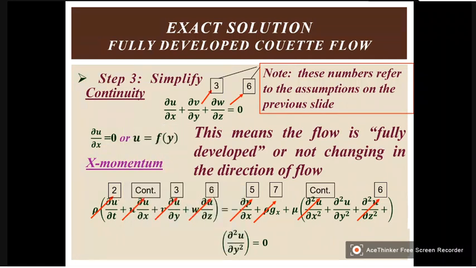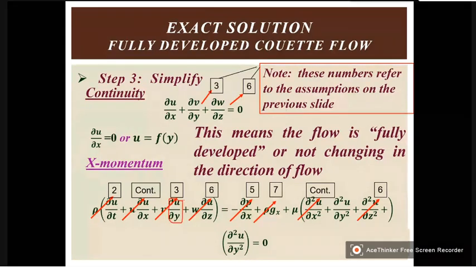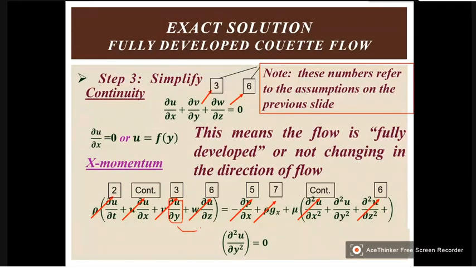See, this is not equal to 0. But v is equal to 0.